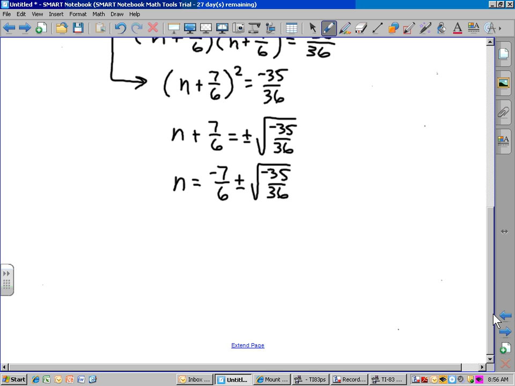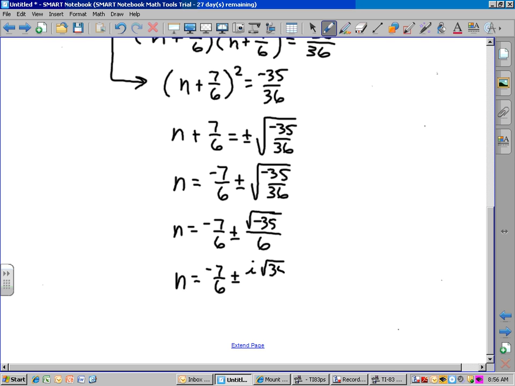So we take the square root of the top and bottom. Square root of 36 is 6. Now, the negative we have to factor out. So that's an i. Square root of 35 is 7 times 5.